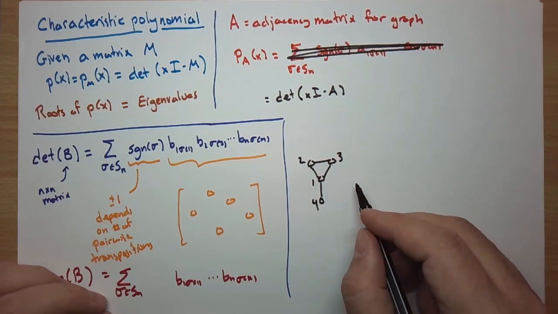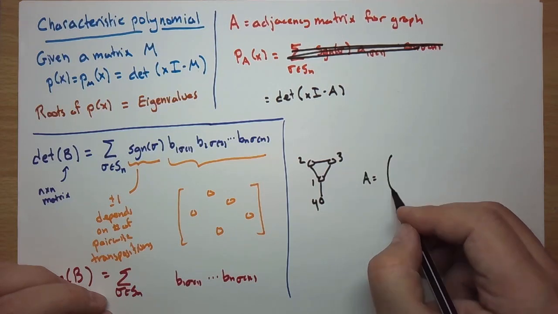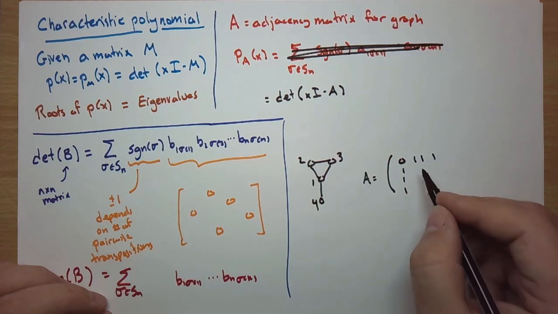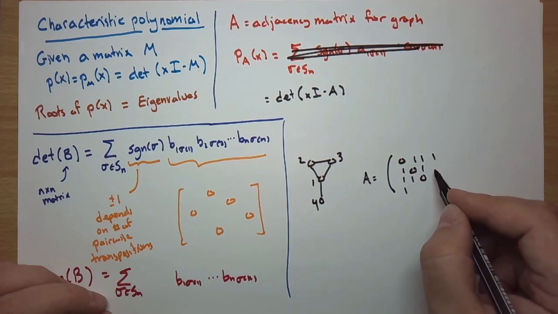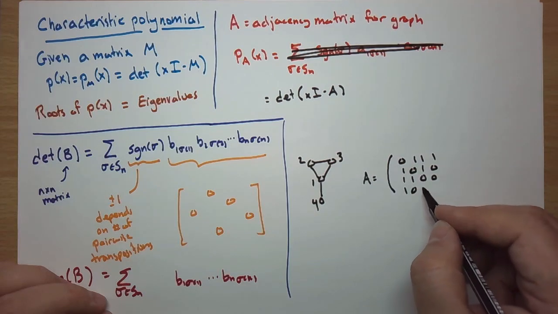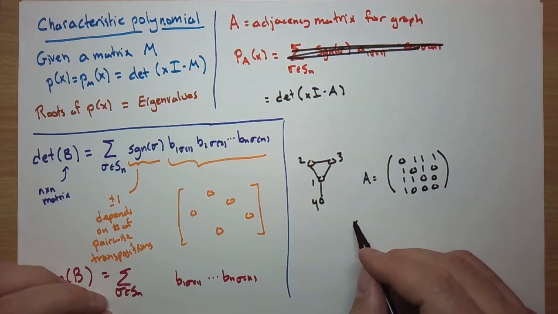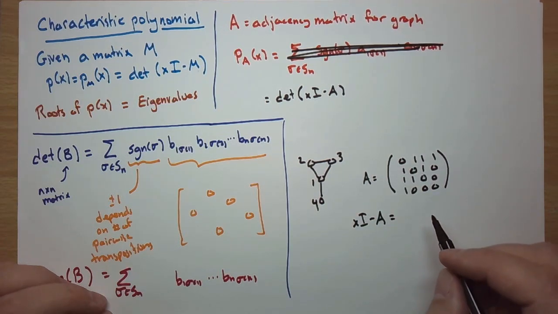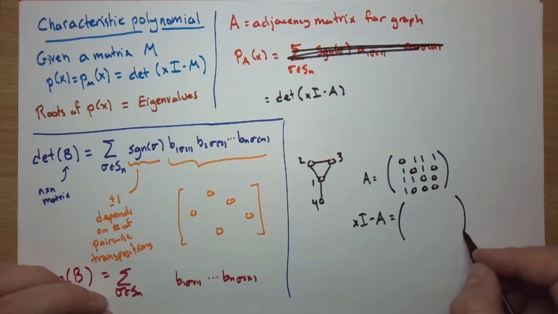So we assign some labeling here. If I look at the adjacency matrix, it has a nice structure, and we can write it down relatively quickly. So here's our adjacency matrix, and we want to look at xI minus A. What does that look like?